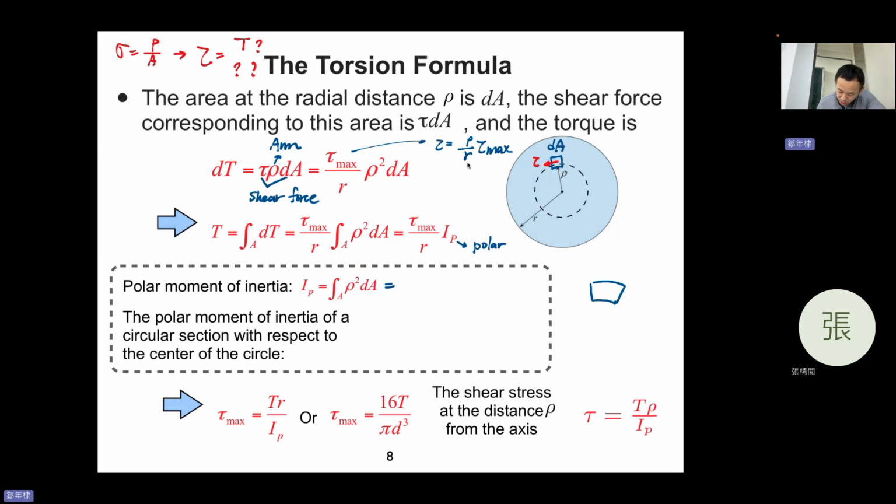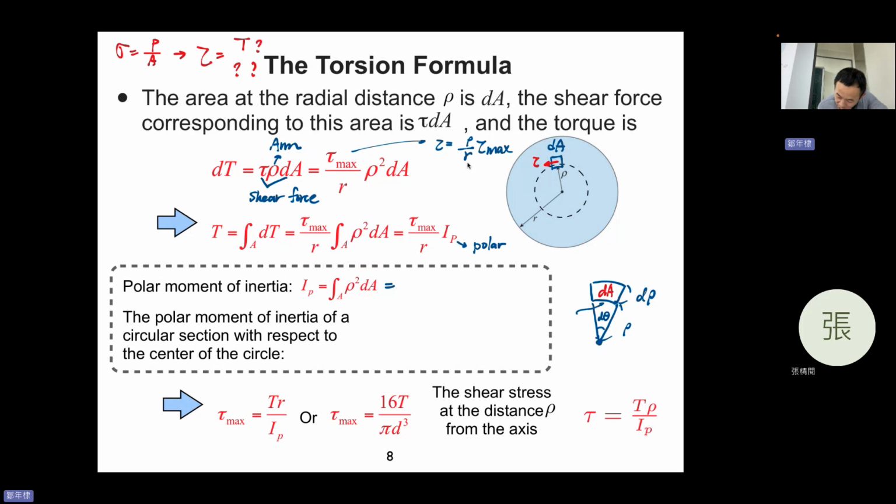This is dA. Because this is in polar coordinates, here is the rho, and this is the theta.